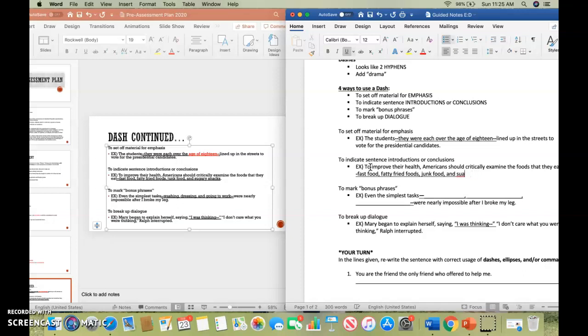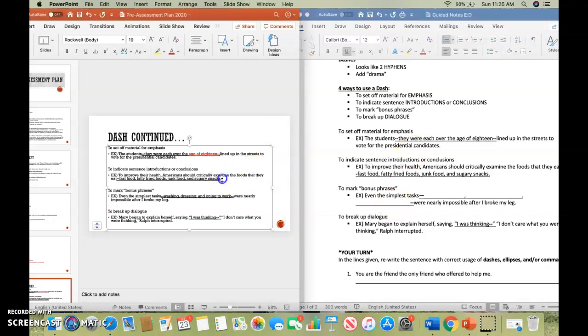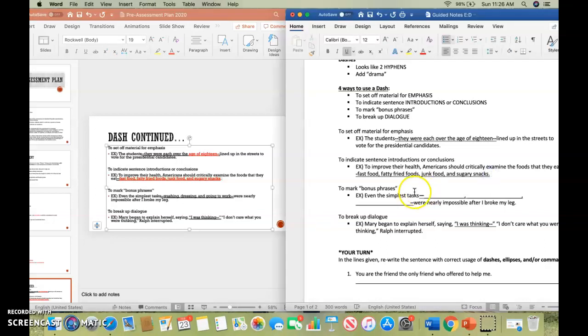I'm sure we could all figure out that this is either coming at the beginning or at the end. In this case, this was the conclusion. They did their dash at the very end, which indicates the conclusion of this sentence, and it concluded with all the different types of foods that Americans should probably be looking at when trying to improve their health.